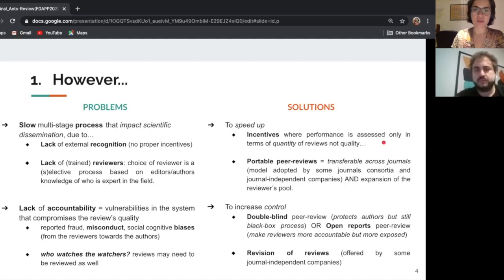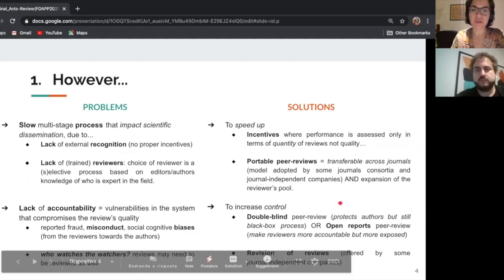Another proposal to speed up the process comes from journals consortia and journal independent companies that allow authors to have portable peer reviews, so reviews that are transferable across journals that adhere to this consortia.